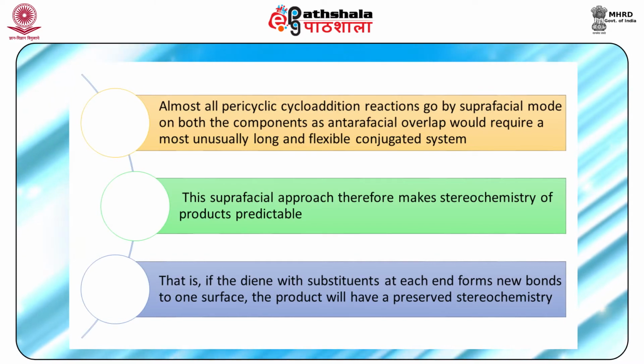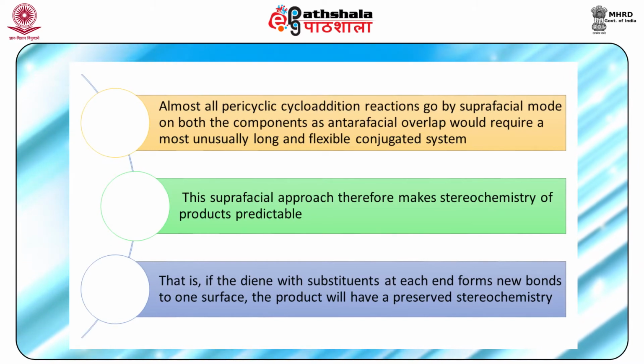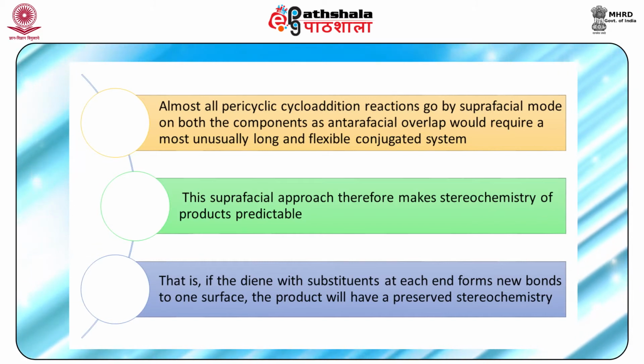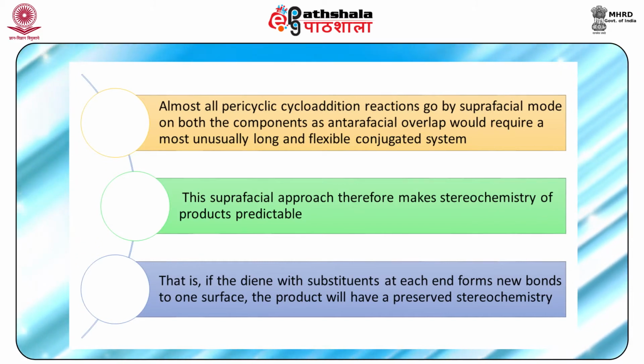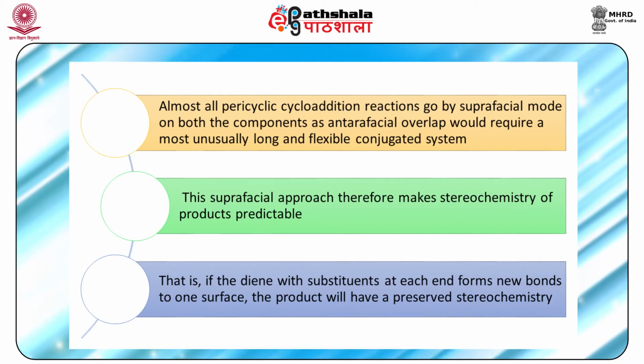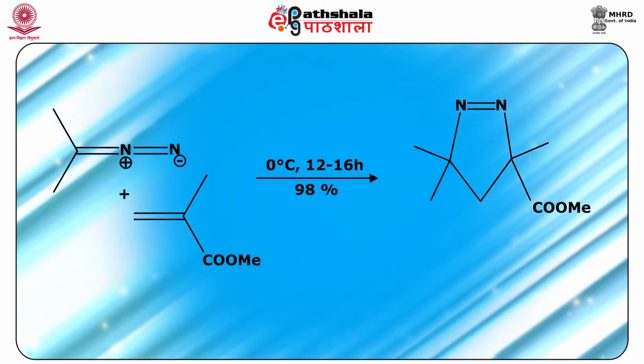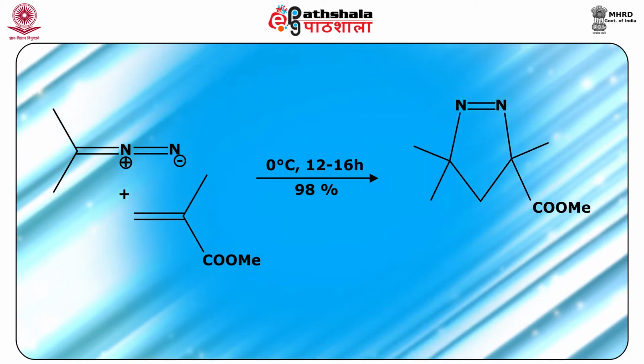This suprafacial approach therefore makes stereochemistry of products predictable. That is, if the diene with substituents at each end forms new bonds to one surface, the product will have a preserved stereochemistry.